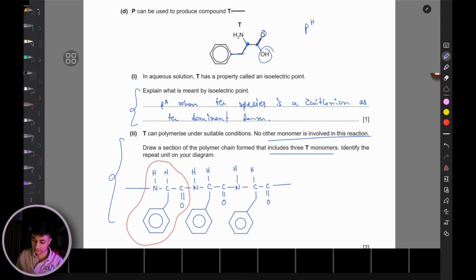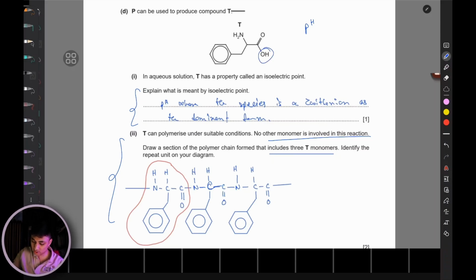And this is going to continue on this side as well, where, notice, N is bonded to a carbon and this carbon is bonded to this benzene structure, and again repeat this, C double bonded to O, right?